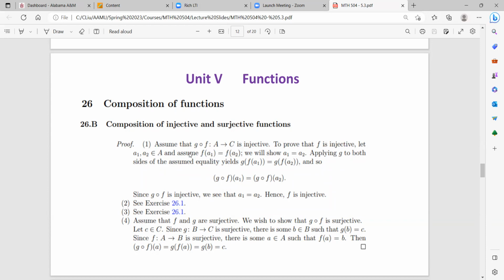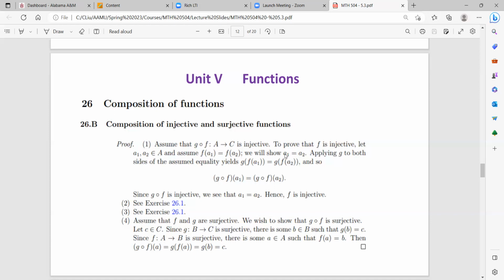I'm sorry. So similarly, you just pick a1, a2 in set A and assume that f(a1) equals f(a2) in B, and then you need to show a1 is actually equal to a2. Okay, that's the typical standard procedure to prove injective functions. Remember f is from A to B.